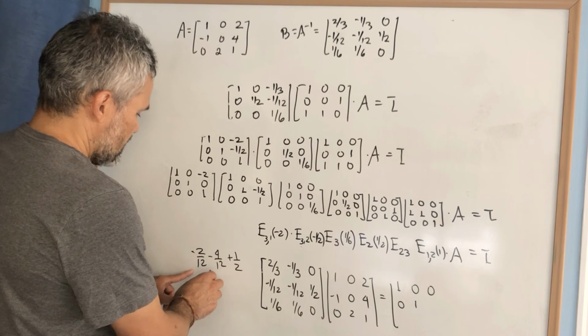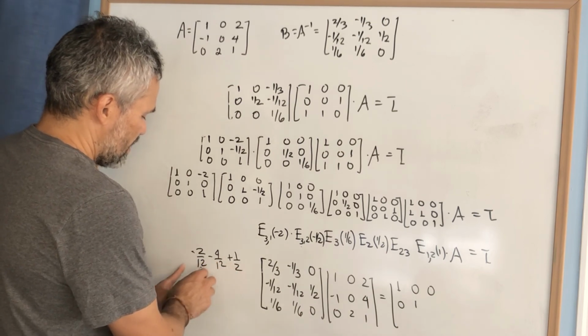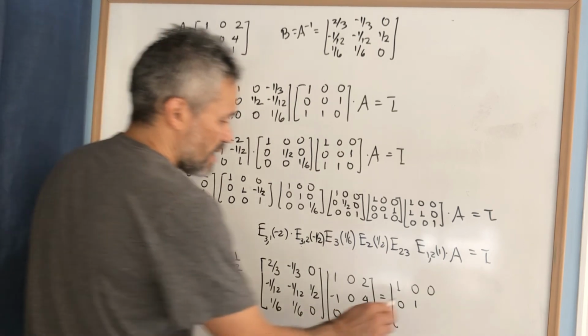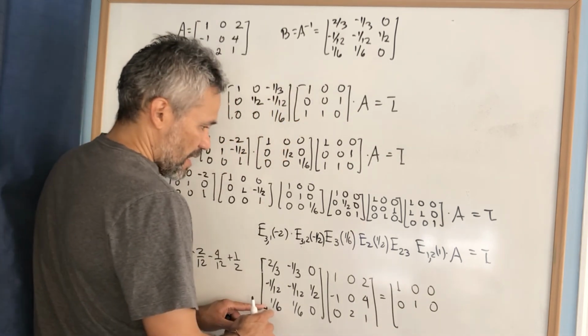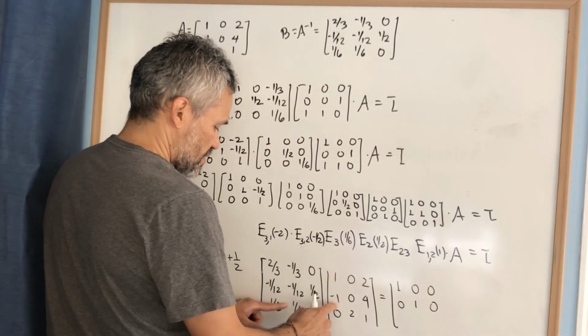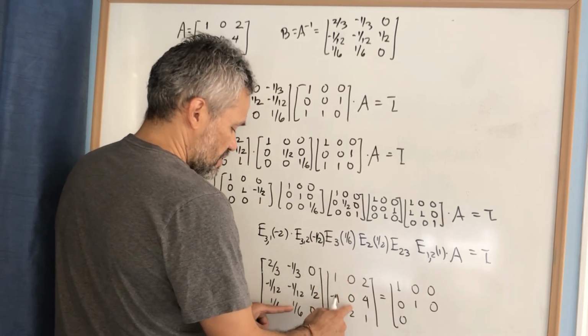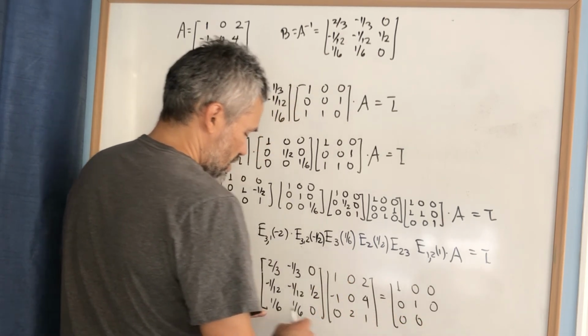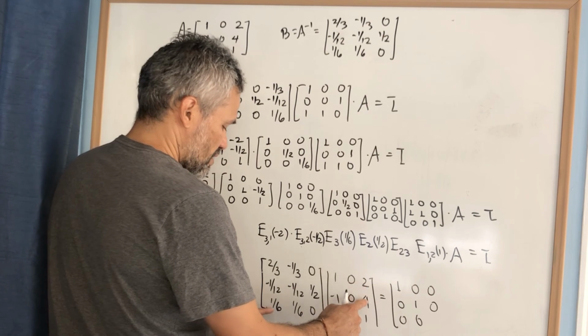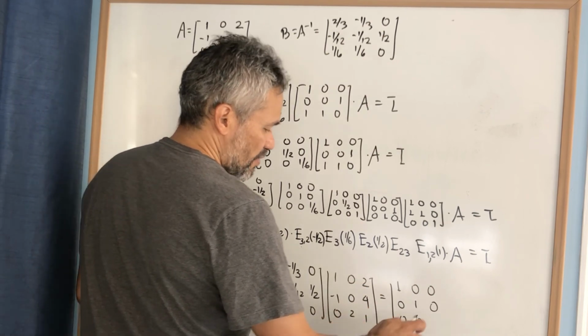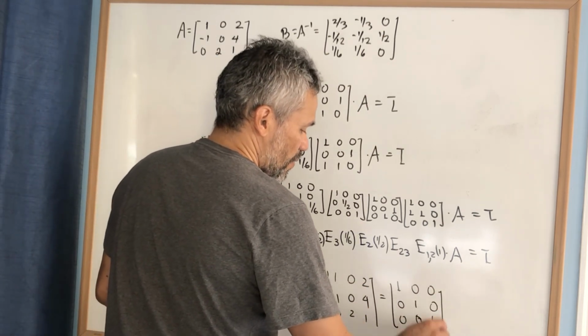This is negative 6/12 plus 1/2, but negative 6/12 is negative 1/2 plus 1/2 is 0. And finally here we have 1/6 minus 1/6 is 0. And you have 0 plus 0 plus 0 is 0. And here we have 2/6 plus 4/6 plus 0. That's 6/6, which is 1.